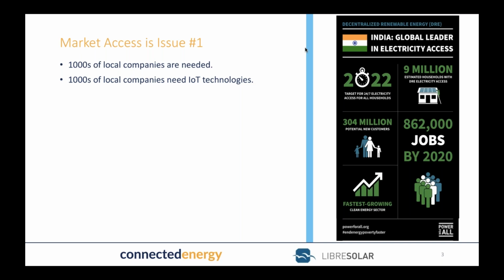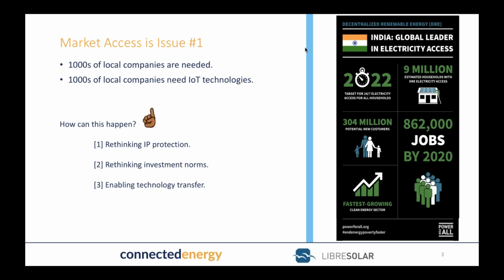So, next, Martin. The way that this can be done is only by some logical thinking. And we need to rethink the way that IP, intellectual property, is thought about in the energy access sector. Hence, open source. We also need to think about what the investment norms are.